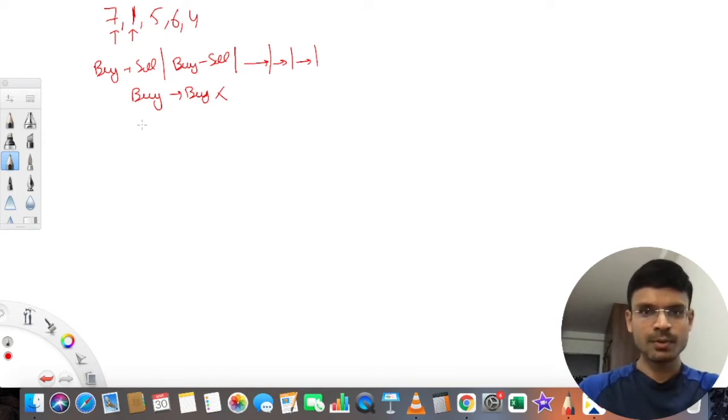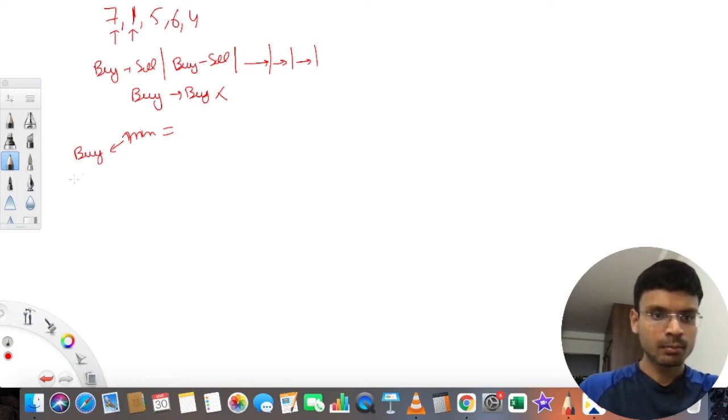So the approach for this problem remains the same as the one used for the previous problem. We need to maintain two variables that we had also considered in the previous problem. One variable is called min, which is used to denote the price of the stock at which we are buying, the buy price.